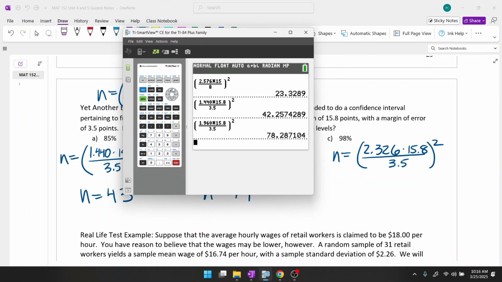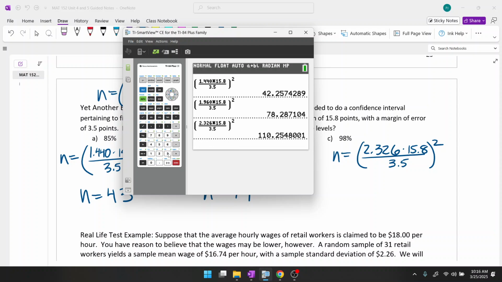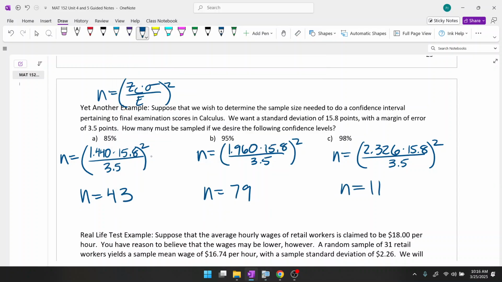And we get 110.25. N is going to be 111. So you'll definitely get some of these sample size calculation questions on the test.